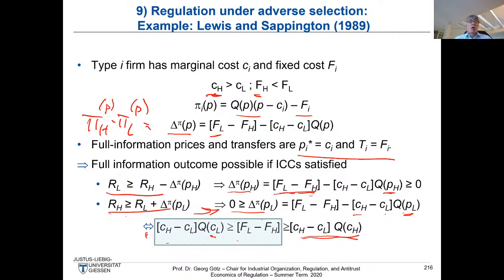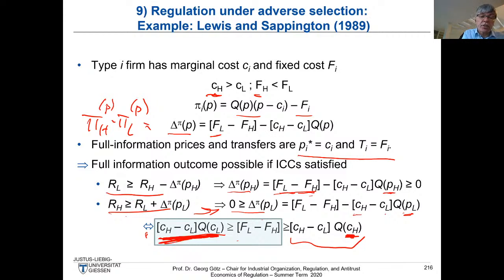Okay? Okay, and these two conditions must hold, and what do they mean? Q of CL would be the output of the low type, which is prescribed for the low type. If the high type claims to be a low type, it has to cover a loss in terms of, again, a rectangle, okay, in terms of operating profits.